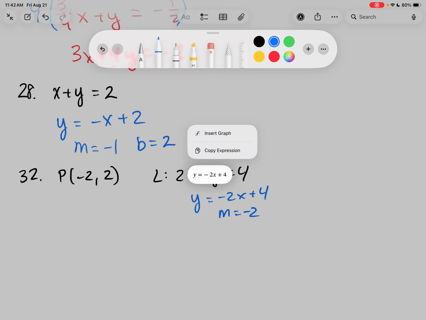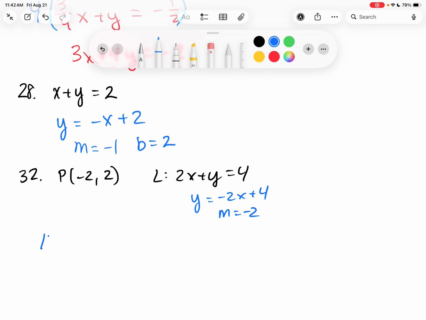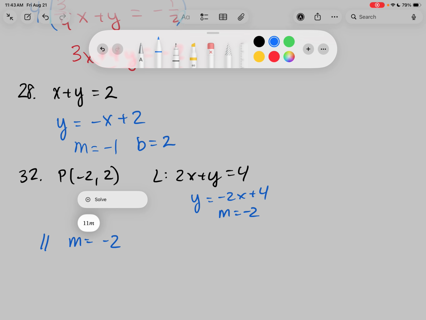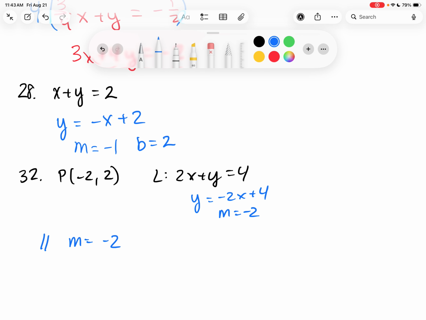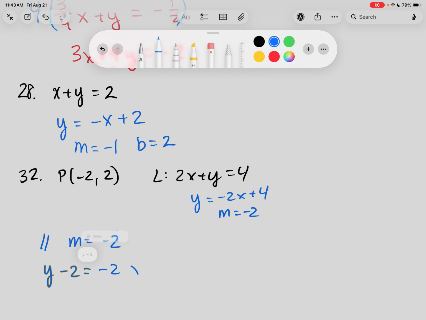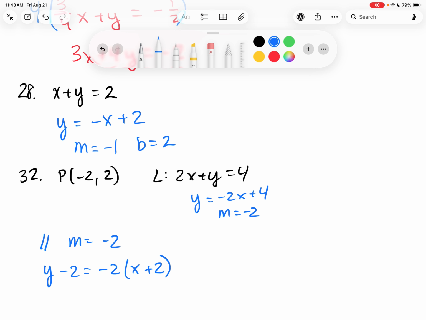So this slope is -2. For parallel, we've got the same slope, so the parallel slope is -2. Then I've got y minus 2 equals -2 times x plus 2. You can leave it there or take it all the way down.